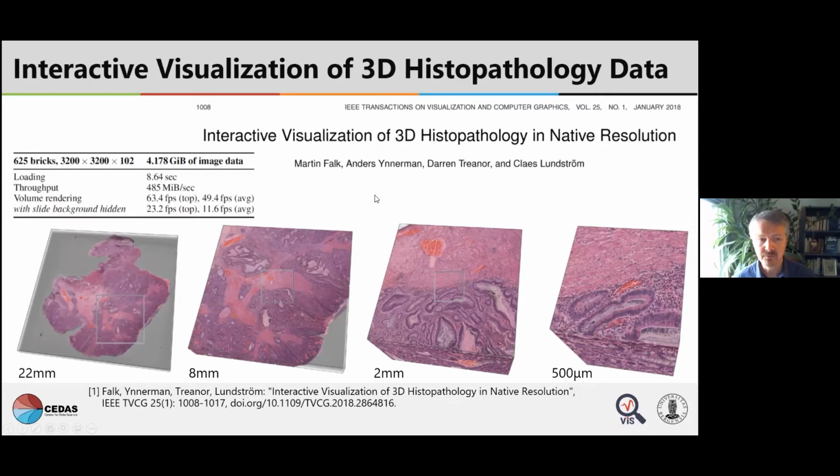Here is an example of 3D pathology data, and you can see that the data set is impressively large, with many thousands of pixels in each direction and even a third dimension. It's certainly not easy to make this interactive in visualization, and in this work they show how they were still able to do so.